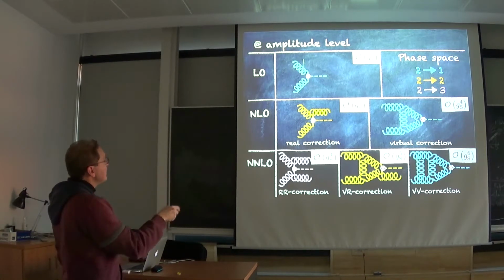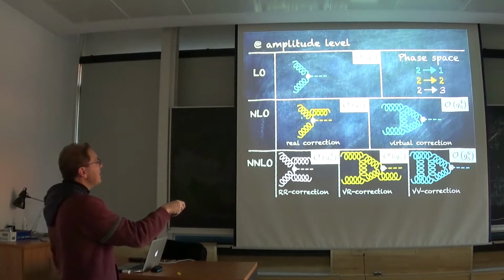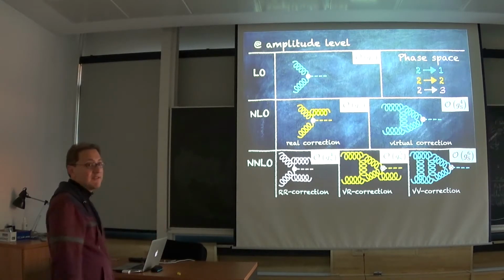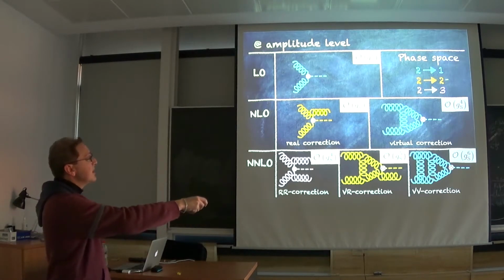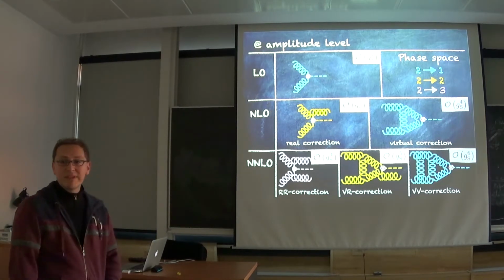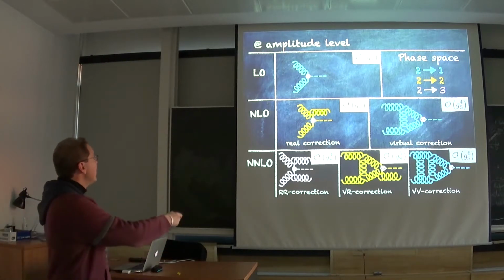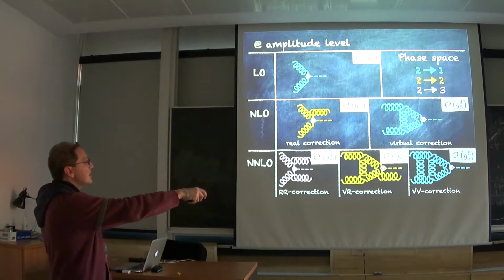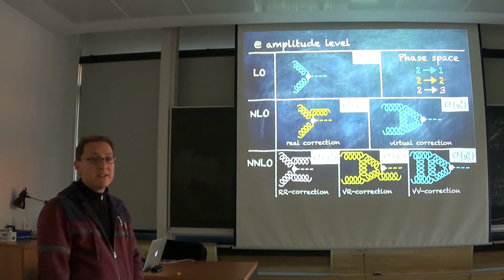When I do this, this is the real correction. The problem here is that you have two particles in the initial state, and two particles in the final state. So the phase space is 2 to 2. It's a different topology. And you have the virtual correction, which has two particles in the initial state and one in the final state.